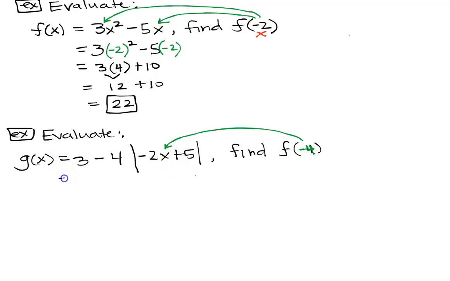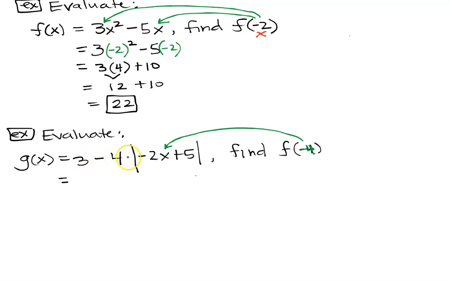Okay, so let's see. Now be careful on this. We can't do 3 minus 4 first. A lot of people try and do that. And even on the first exam, or the stuff that was covered with the absolute values in the last chapter, we had some of these, and some people were trying to do that.